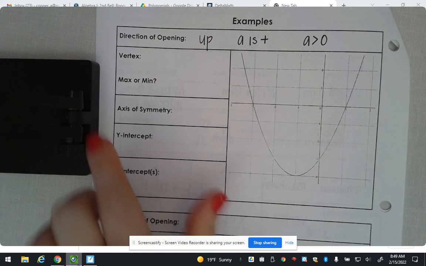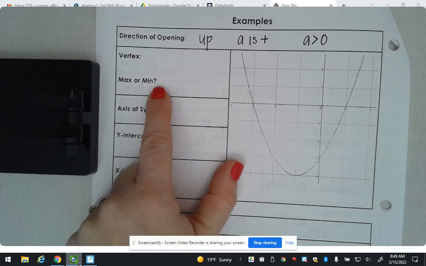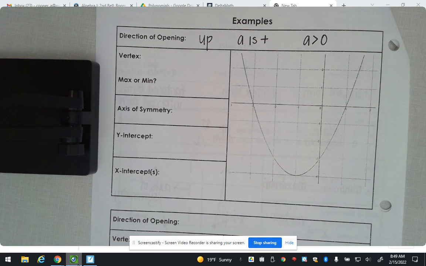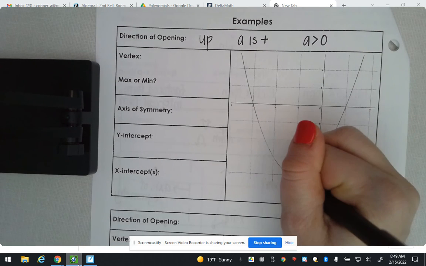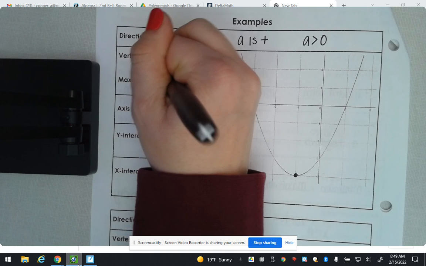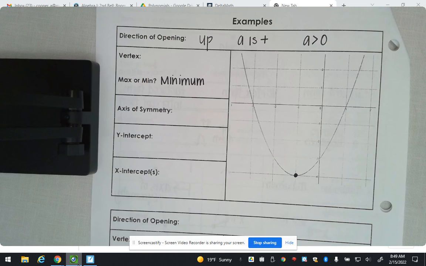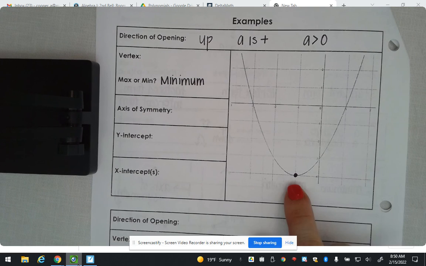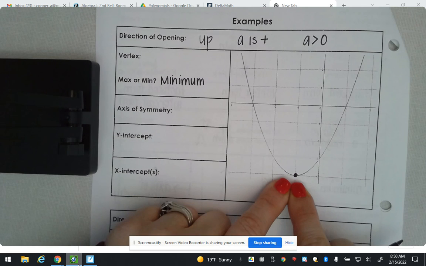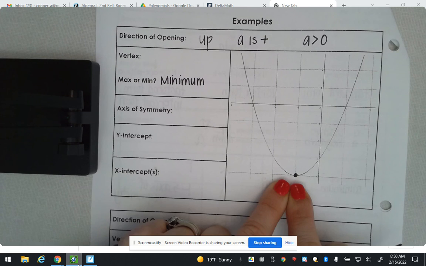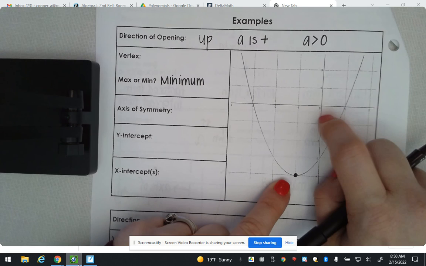Vertex. Is it a max or is it a min? Come on. It's a minimum. It's my lowest point. It's right there. Yeah? It's my minimum. But I need the coordinate for my vertex. How do I get the coordinate for this point that I put on there? Where do I start my finger at? I start my finger at my origin.